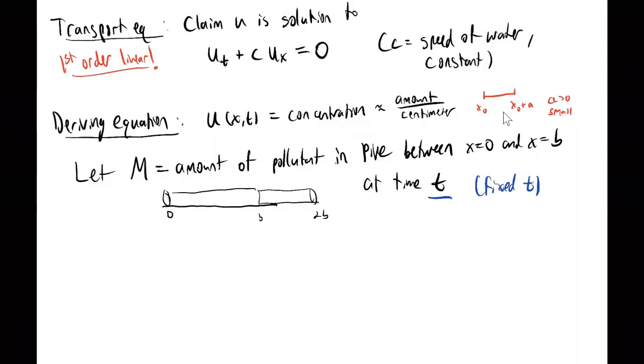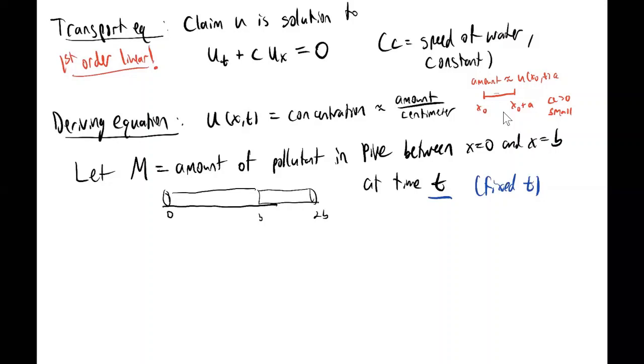Right, well then you expect that the concentration at point x naught is probably about the same as the concentration at point x naught plus a, if a is very tiny, right? Because you're only changing it by a little bit, so the concentration is not going to change too much. And so therefore you expect that the total amount in this interval should approximately be equal to u of x naught, t times the length of the interval, which is a, right?